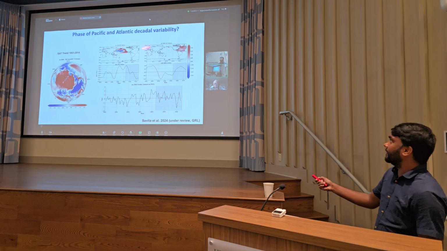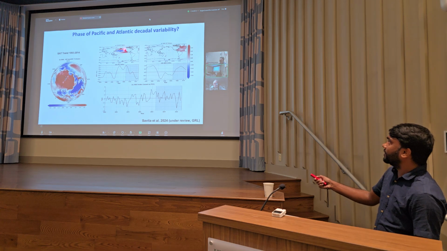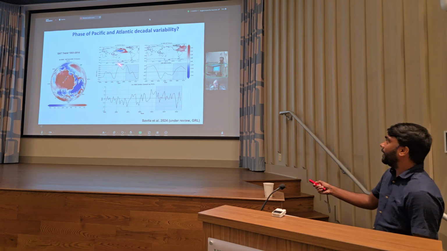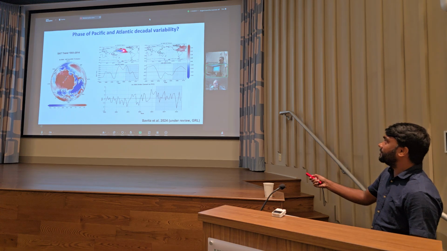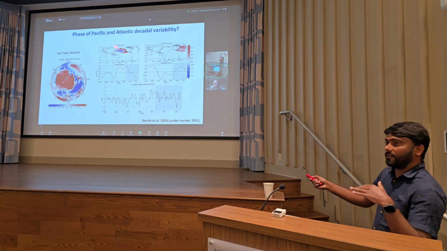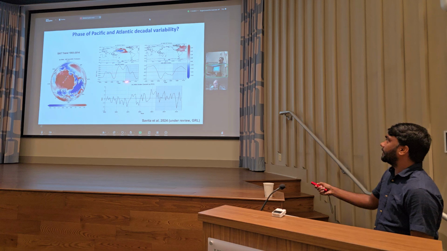We also have the oscillation in both the Atlantic and the Pacific, and this pattern also changes from decade to decade. I mentioned this is positive, but in the other decade it goes negative, which means this becomes blue and this becomes red. This is the time series based on the empirical orthogonal function. So you are seeing the pattern, and this is the index.